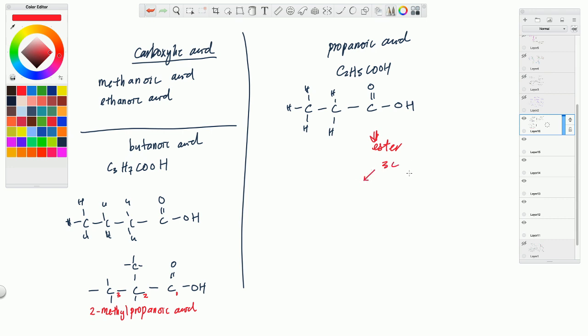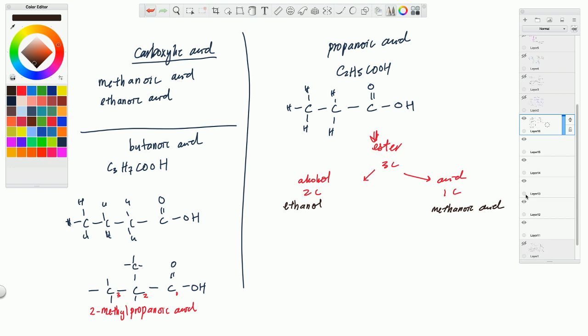So you just split it into 2 molecules. An alcohol with 2 carbons and an acid with 1 carbon. Okay? So alcohol with 2 carbon is ethanol. Acid with 1 carbon is methanoic acid.